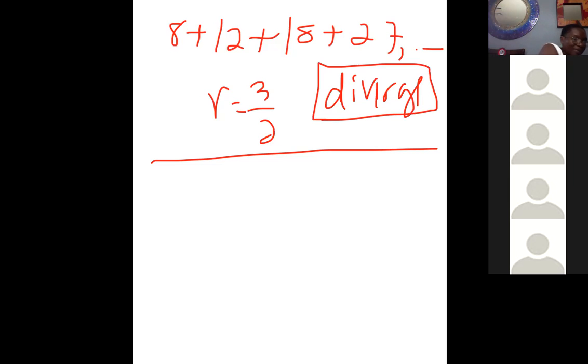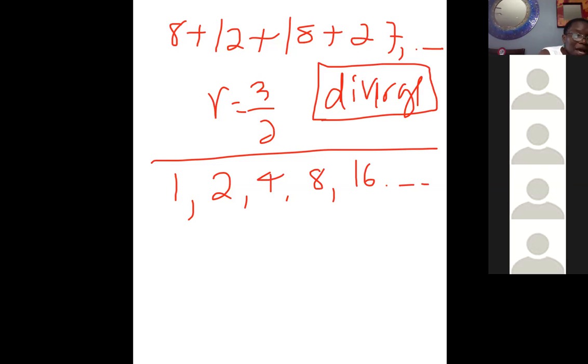Let me write this down. On the first day, you have 1. On the second day, 2. On the third day, 4. On the fourth day, remember we're doubling, you're going to have $8. Then $16 and so forth and so on.